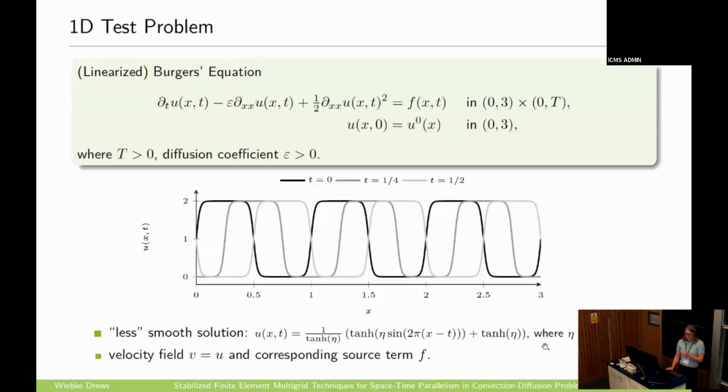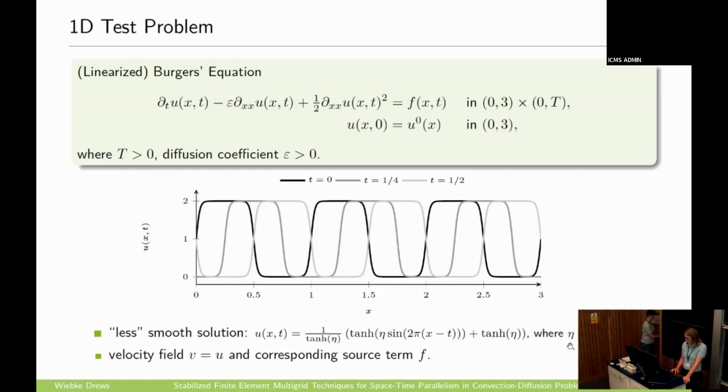Okay, so as a test problem, we do it in 1D, and we simply take as the velocity field our solution U, which is more or less the Burgers equation, so a linearized version of it. And we have a manufactured solution that looks like this.